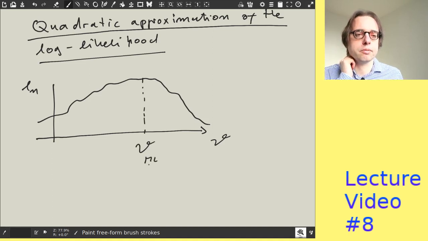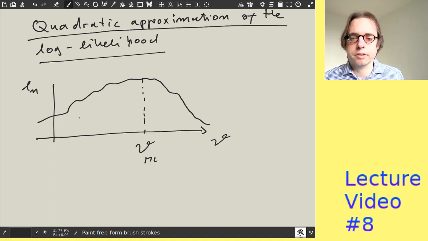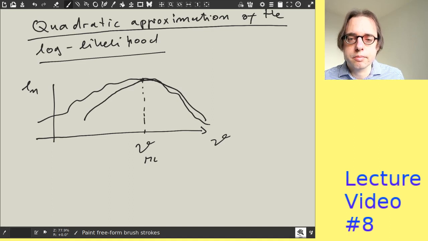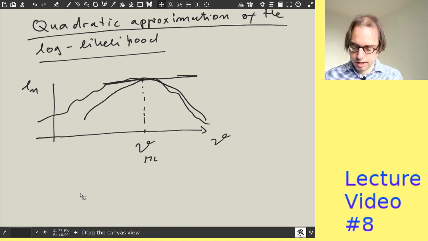This is our maximum likelihood. And by doing a quadratic approximation, what we do is basically we fit a parabola here, and so the maximum of course has gradient 0 around the maximum, and then we get the curvature, so we get the point of the maximum and we get the curvature. So how do we do this?